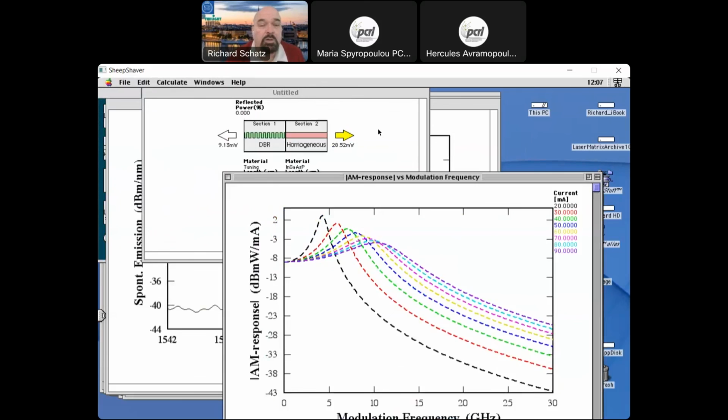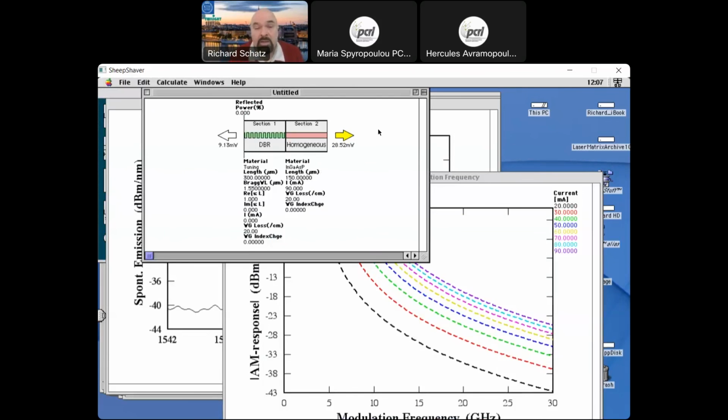Then we should see how we should detune load this laser. Well, a DBR laser has a benefit: you can also tune the current in the passive section. In that way, you can tune the wavelength.